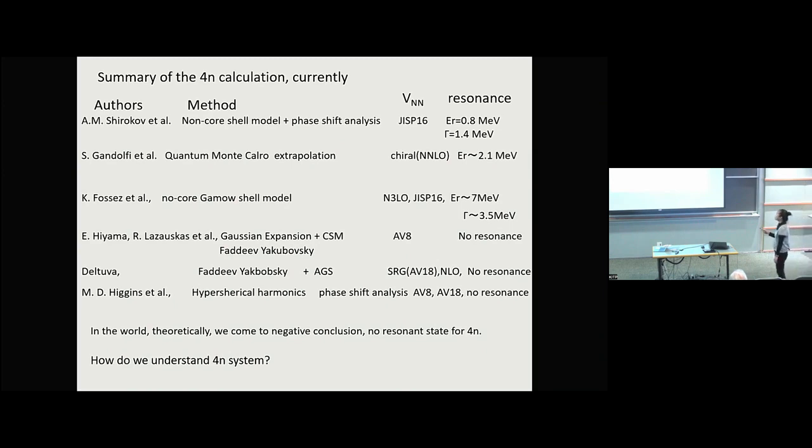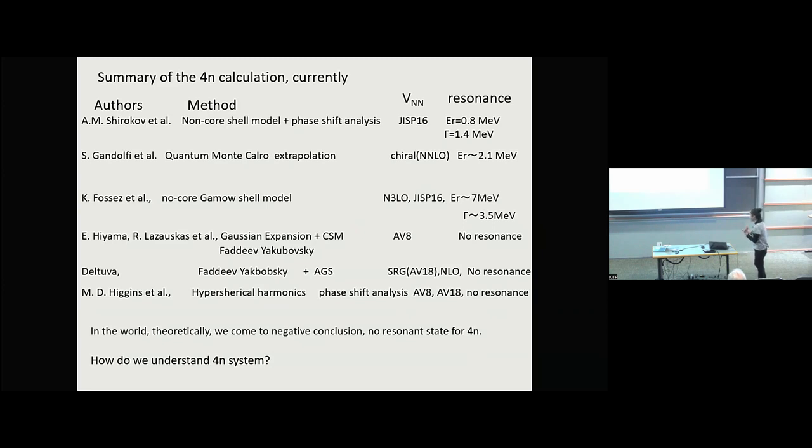So far, there have been some positive results, and also some not so positive, but not so negative, results. After that, I calculated this tetraneutron state using my method with the AV8 potential, but at that time we found no resonance state.